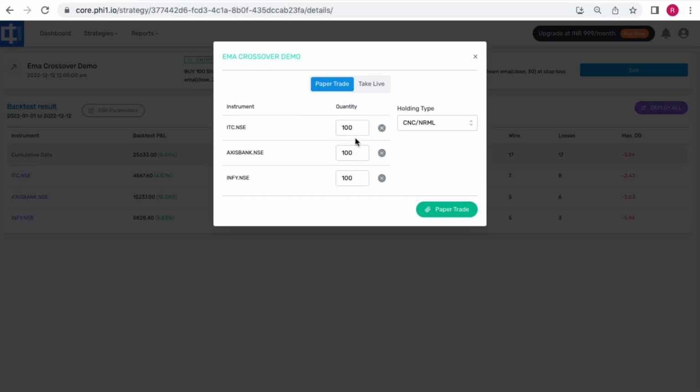You can also edit quantities here and you can remove scripts here if you wish to. Before you take live, once you go on take live, you just need to select a broker that you want to go ahead with and click take live. When you click take live, your strategies are going to be automatically executed when your entry exit conditions are met. So you don't have to stick to your screen the entire day looking for opportunities.